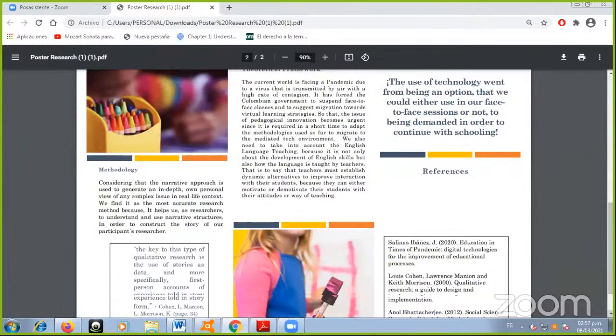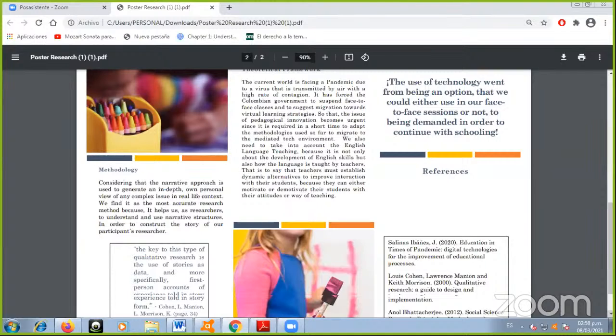And in that sense, they can either motivate or demotivate their students with their attitudes or their way of teaching. That is to say that teachers, at the moment of teaching, must establish dynamic alternatives to improve interaction with their students.